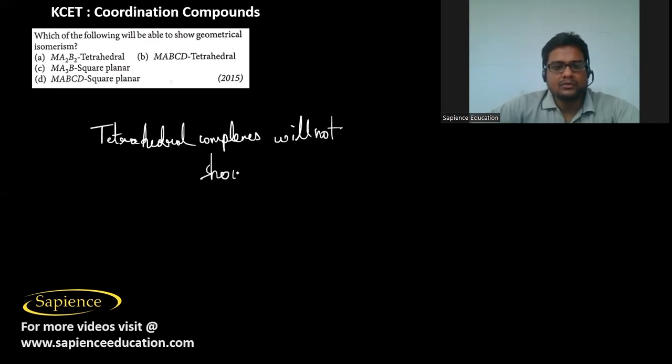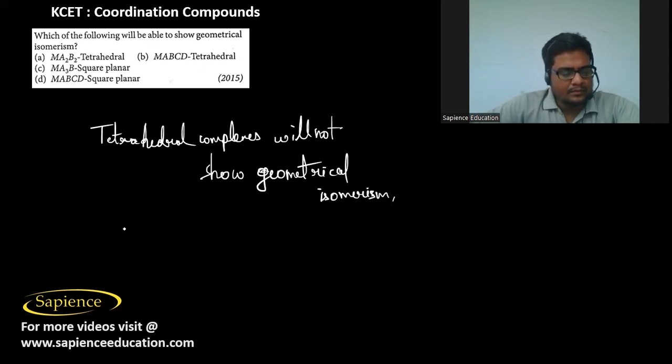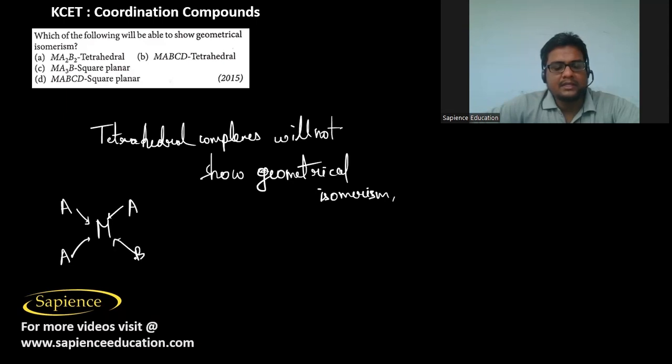Tetrahedral complexes will not show geometrical isomerism. Only square planars can show. But here, since three ligands are similar, if three ligands are same, then it cannot show geometrical isomerism.